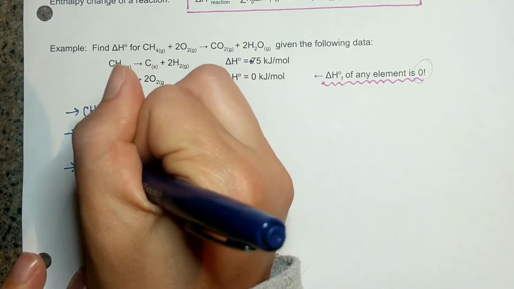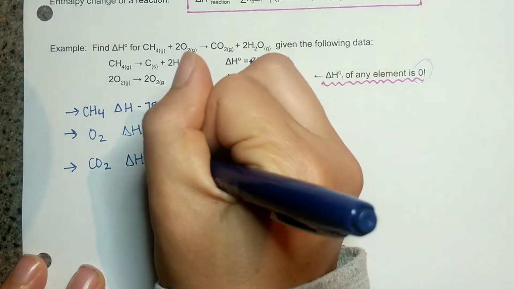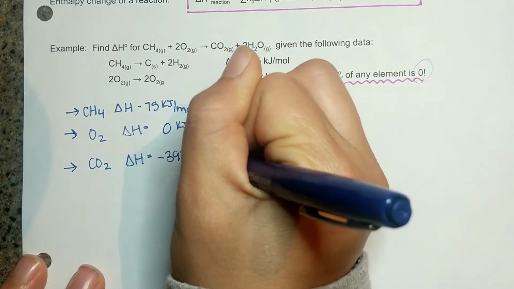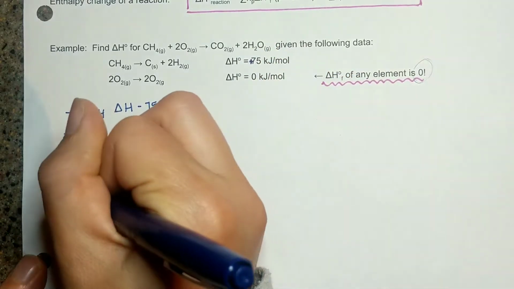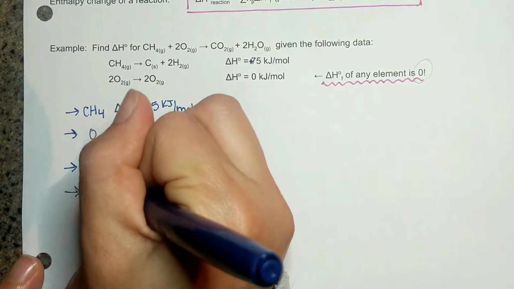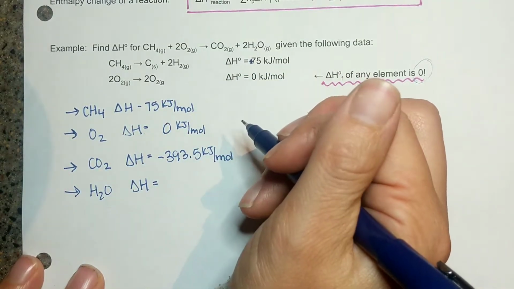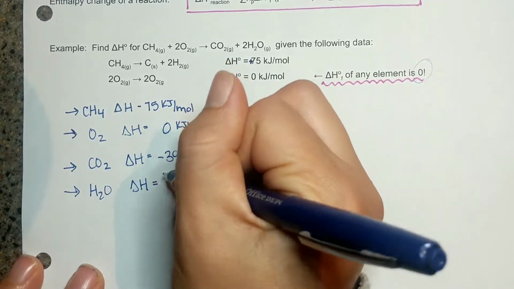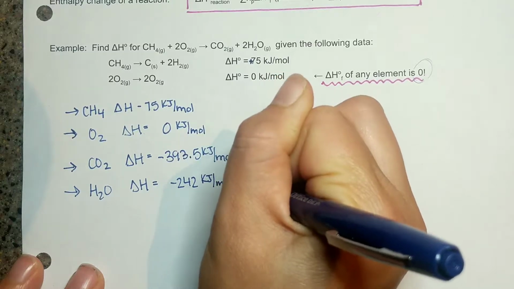To make carbon dioxide, that has a change in enthalpy of negative 393.5 kilojoules per mole. And to make water, that has a standard enthalpy of formation of negative 242 kilojoules per mole.